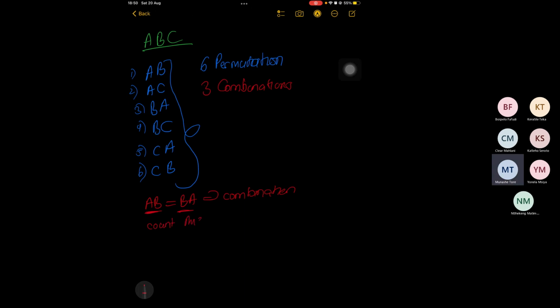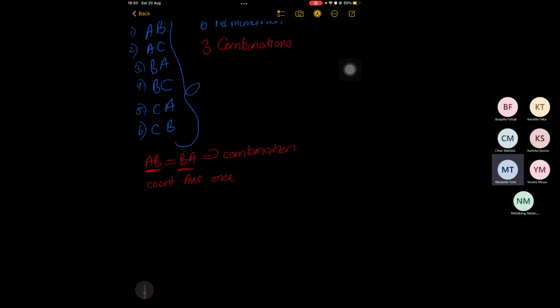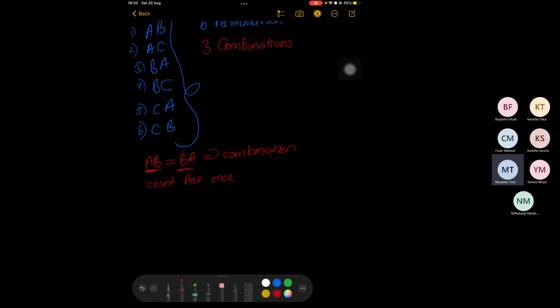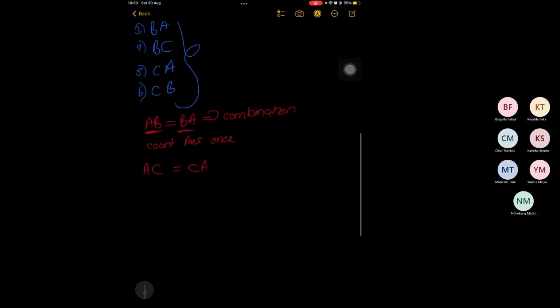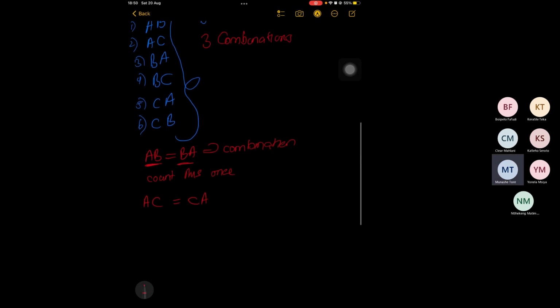Then the same applies to AC and CA. AC is also the same as CA. And what else do we have?